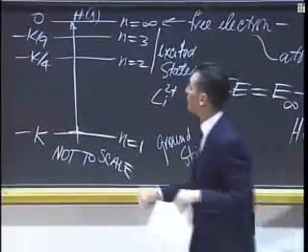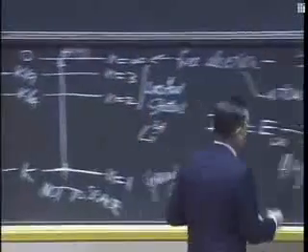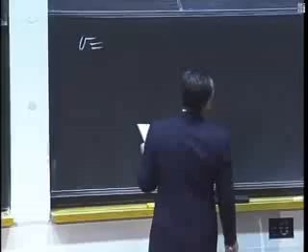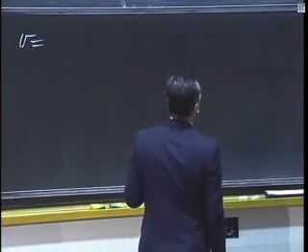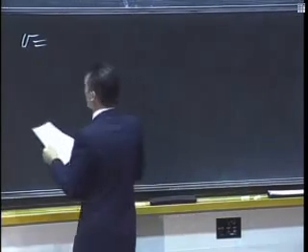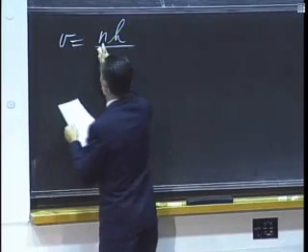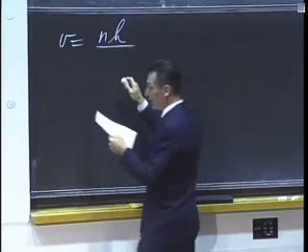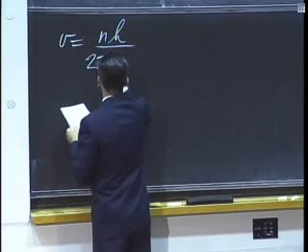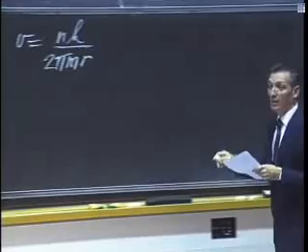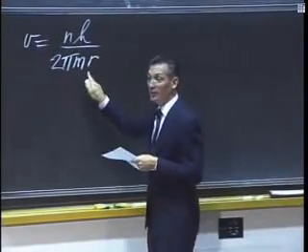And let's see, we've talked about radius, we've talked about energy. Let's talk about velocity, just for completeness. So the velocity is given by this product of the quantum number n, Planck constant over 2 pi, mass of the electron, times the radius of the orbit, which itself is a function of n.